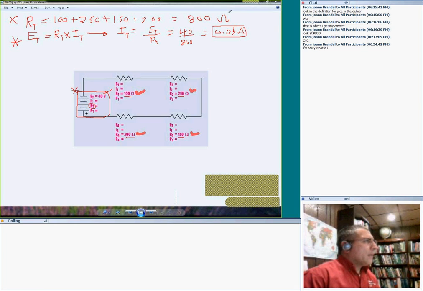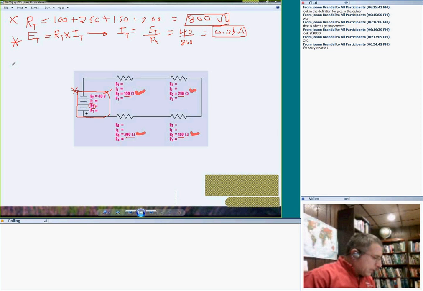I found the current, and I found the total resistance. Any question about the current and the total resistance? Any questions about that one? I will give a break in a second here. So I found the total resistance and I found the current.